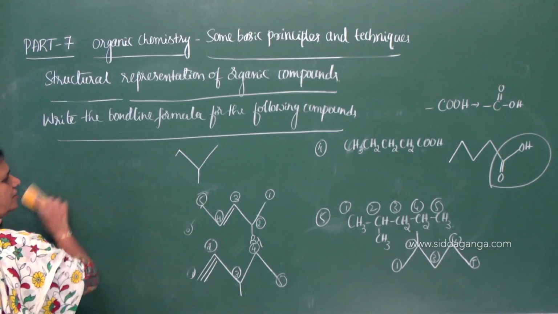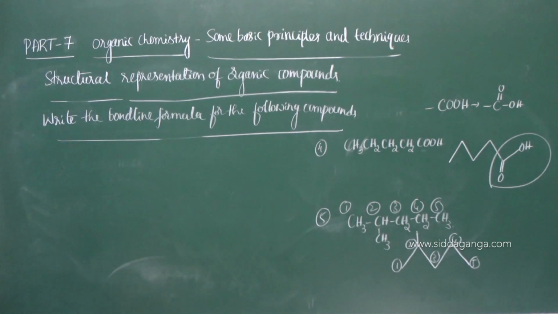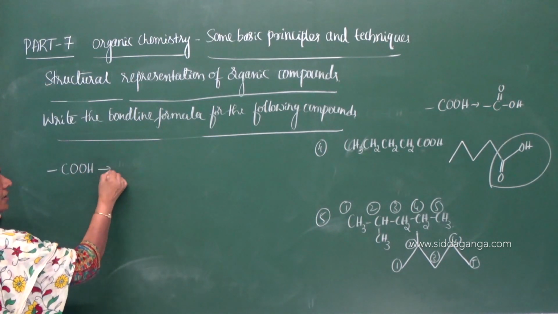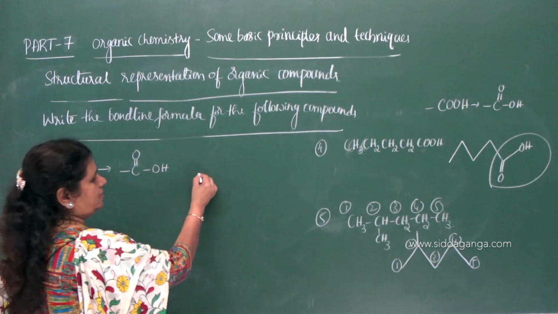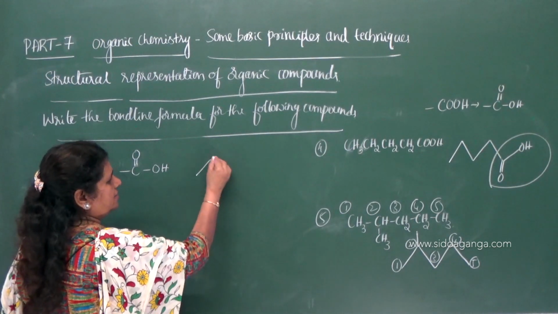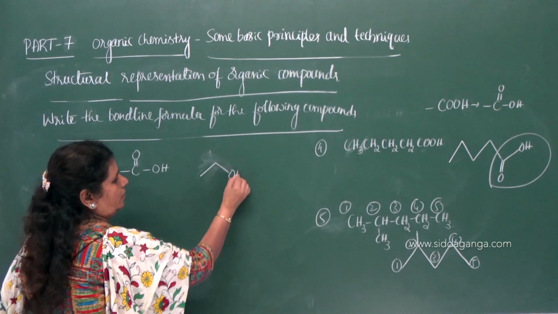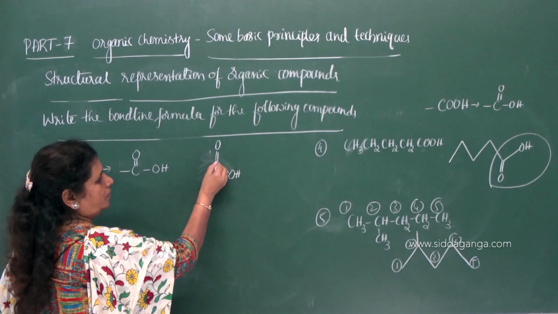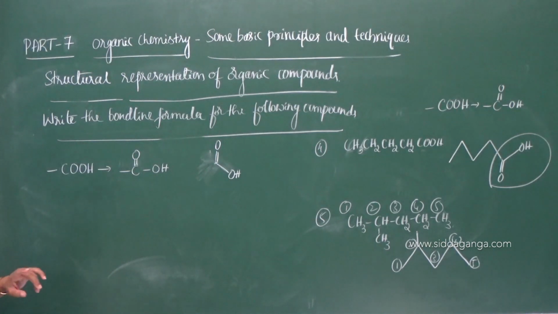Before going to that, let me show how to represent some functional groups in a bond line formula. I have given COOH. Its structural formula will be C double bond O and OH, and we can represent it like this: OH and double bond O. So this is the representation of the functional group, the carboxylic acid.